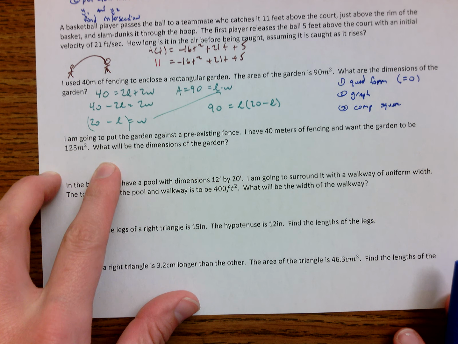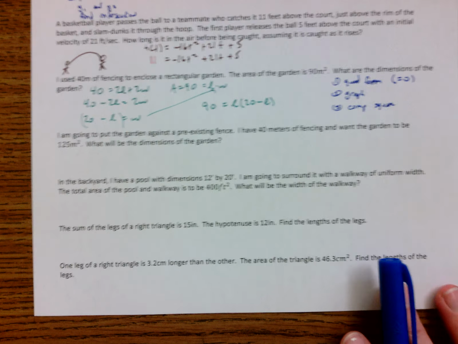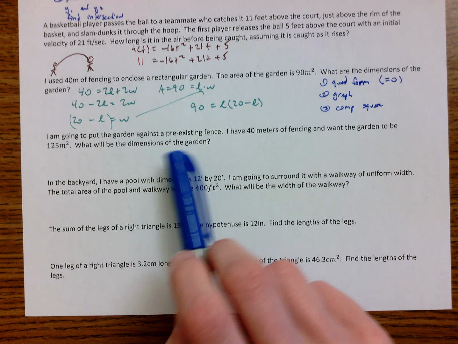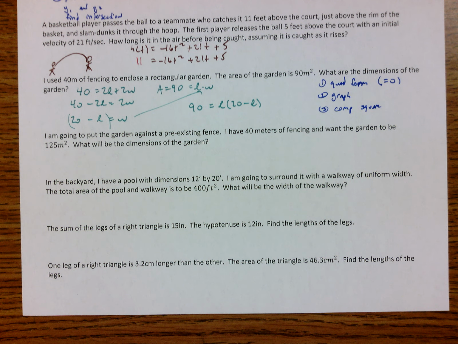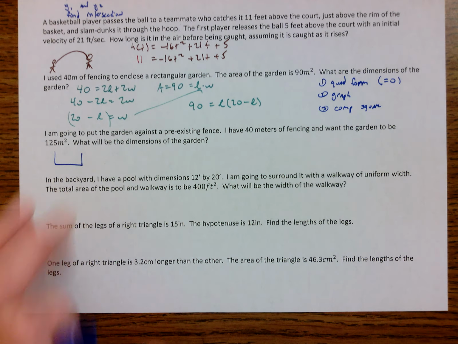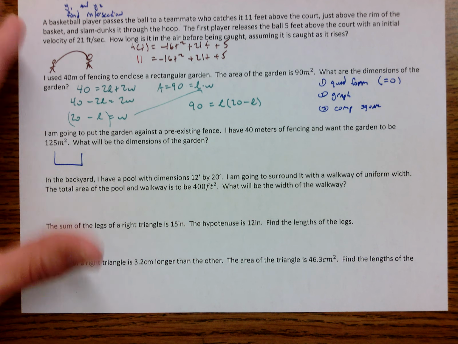All right, great. This one, you're going to put in a garden with a pre-existing fence. You have 40 meters of fencing. You want the garden to be 125 meters squared. What are the dimensions? So this one, I've got a pre-existing fence. So what this is telling me is now I only need this much fencing, because there's a pre-existing fence we're going up against.